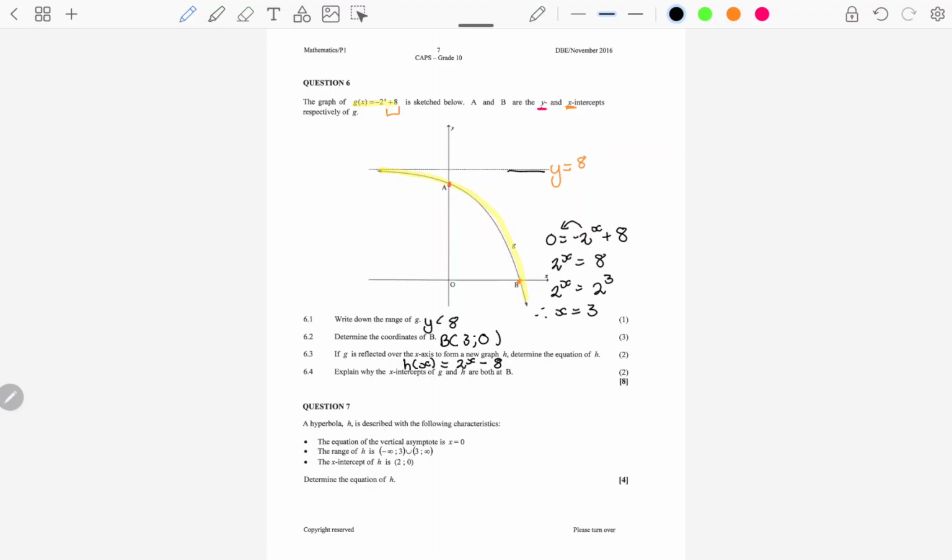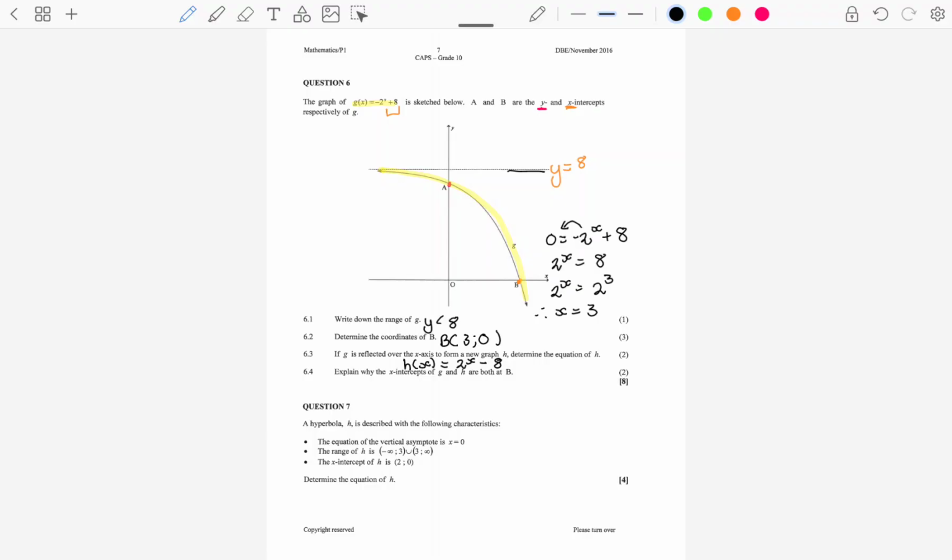6.4 it says to explain why the x-intercepts of g and h are both at B. So they want to know why the x-intercepts of g and h are both at B. So that means the graph of g was reflected over the x-axis to form h.